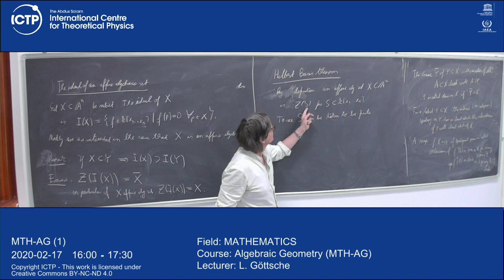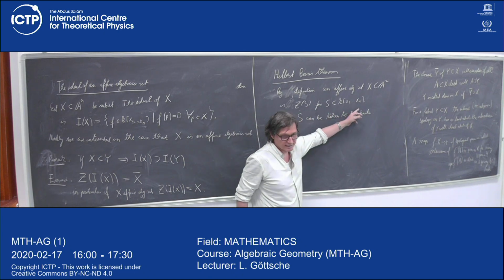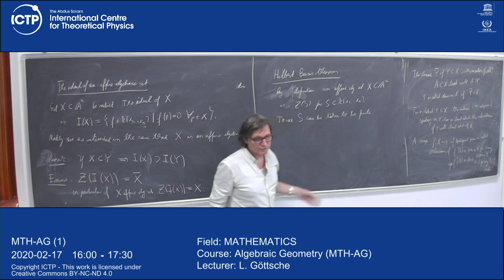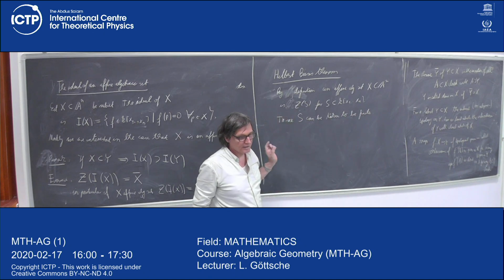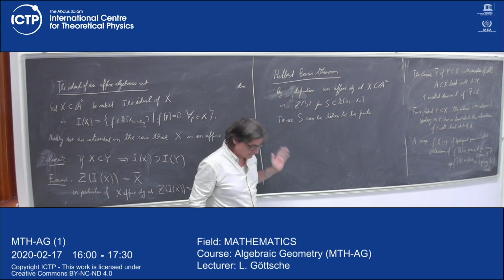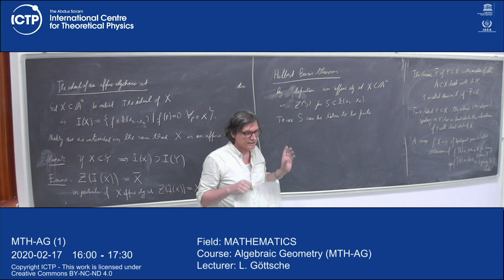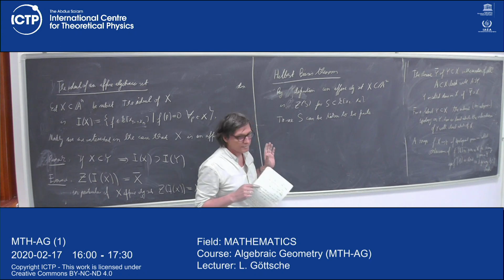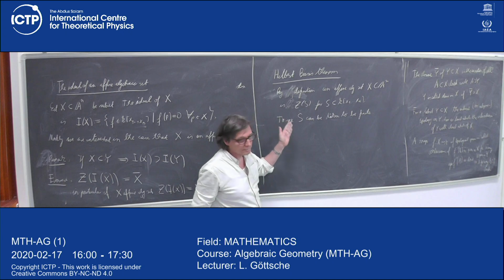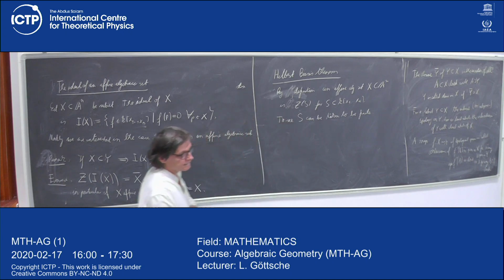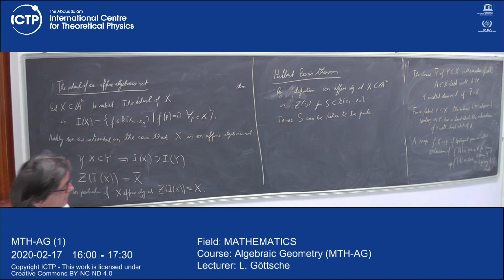Then the Hilbert basis theorem says that every ideal in K[x1,...,xn] is finitely generated. And the zero set of the ideal generated by some elements is the same as the zero set of these elements, so we could take just these finitely many generators.